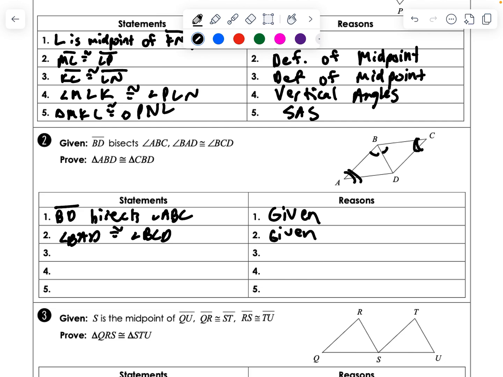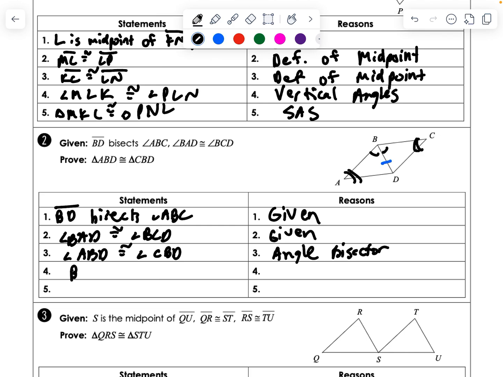So we also have to, we never actually said, even though we wrote bisects, we got to actually write this down. So angle ABD congruent to angle CBD by angle bisector theorem. The only other thing we can mark on this triangle is reflexive.